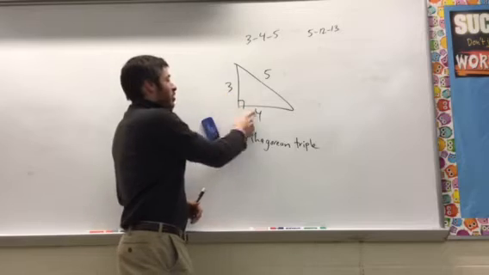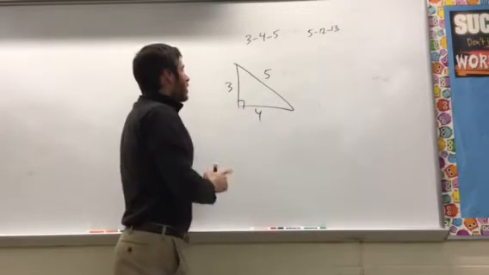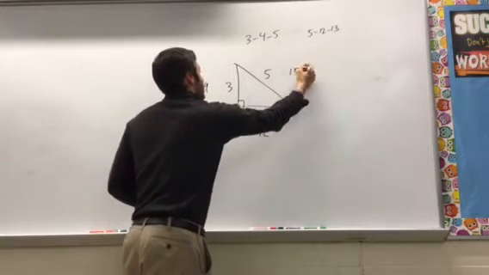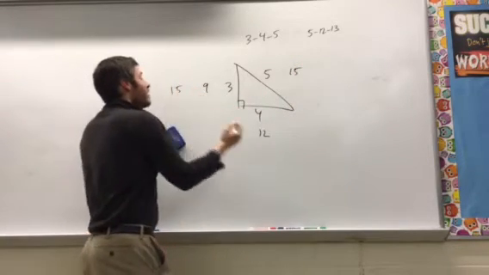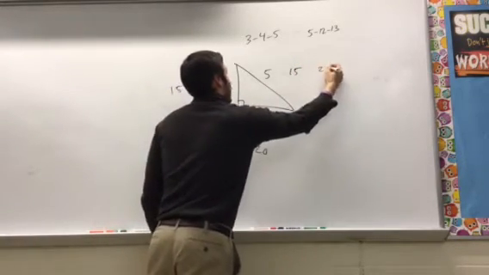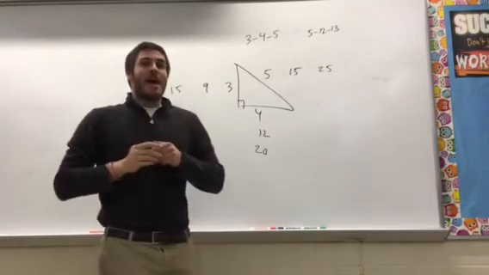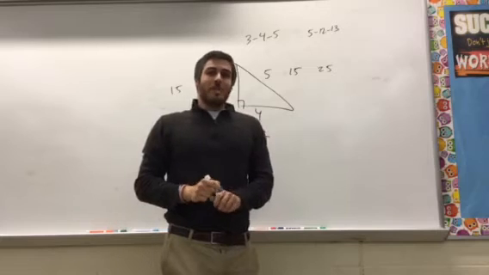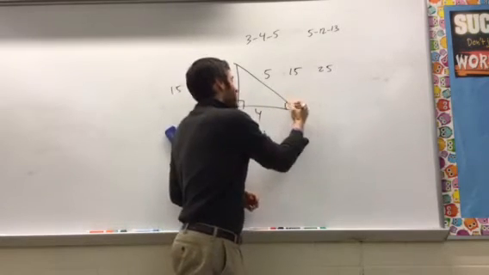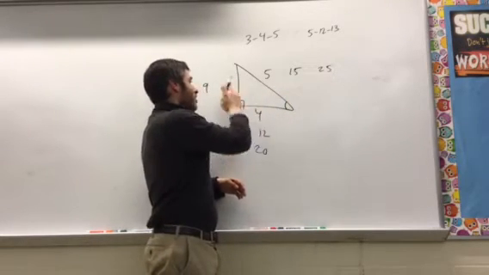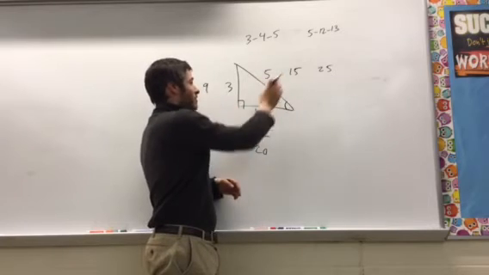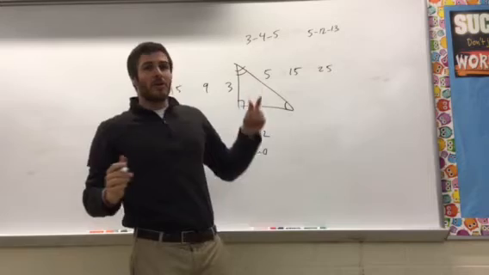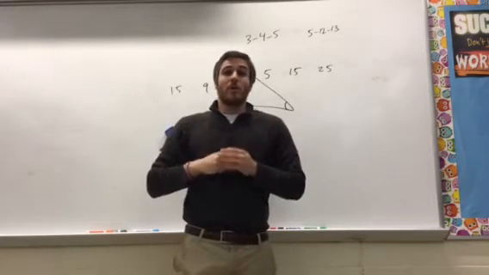Anyway, if you kept running the video or if you figured it out for yourself, you would have seen that if it's a 3, 4, 5 triangle, if it's a 9, 12, 15 triangle, or if it's a 15, 20, 25 triangle, what ends up happening is the angles are always going to be the same. This is always going to be the same no matter if it's 3, 4, 5, 9, 12, 15, or 15, 20, 25, and this angle will always be the same as well.